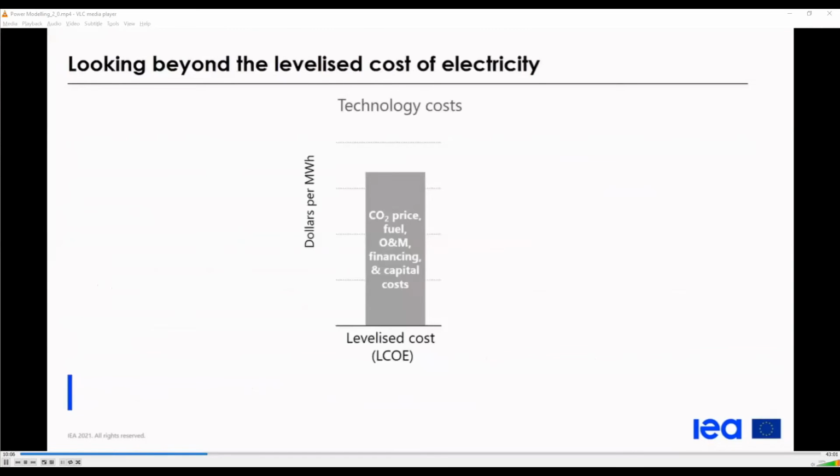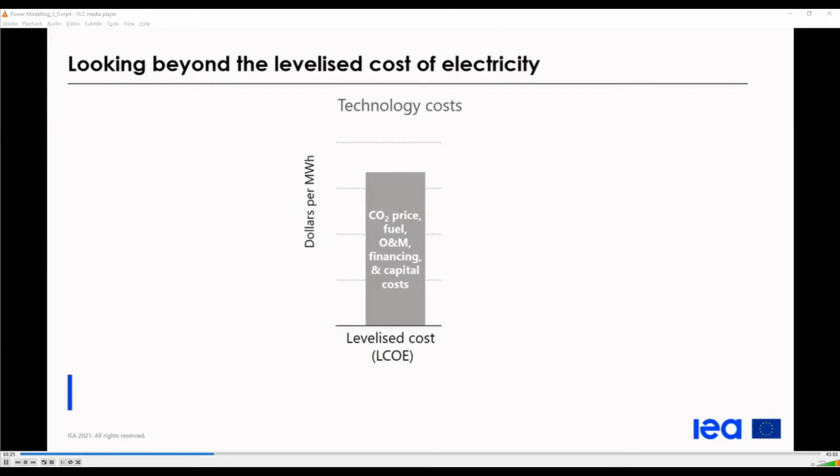So the value adjusted LCOE is a new metric for competitiveness, and it really aims at combining costs and the value. And this is really the cornerstone of this concept, combining both.